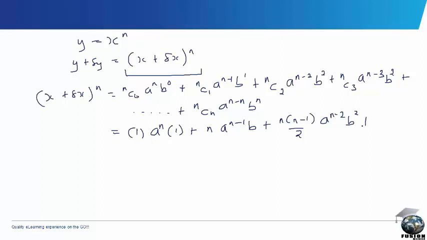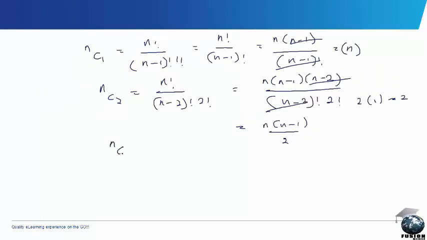And so we do for n combination 3. We do for n combination 3, and so we have as follows. Go over to the next slide. We have n combination 3 to be equal to n factorial over n minus 3 factorial and 3 factorial.